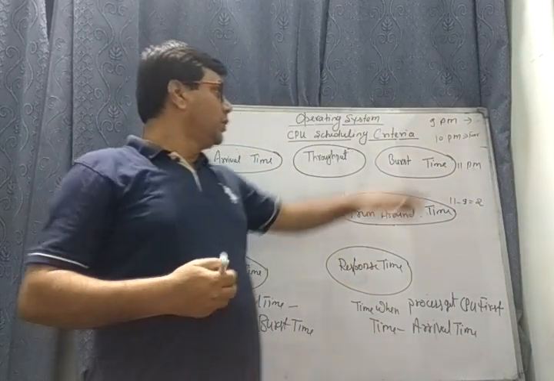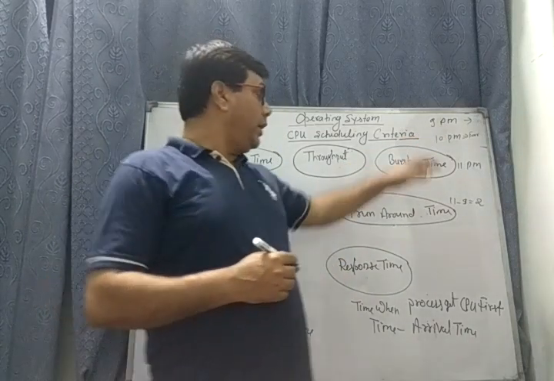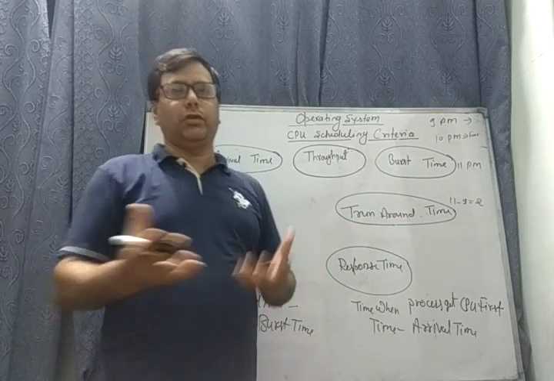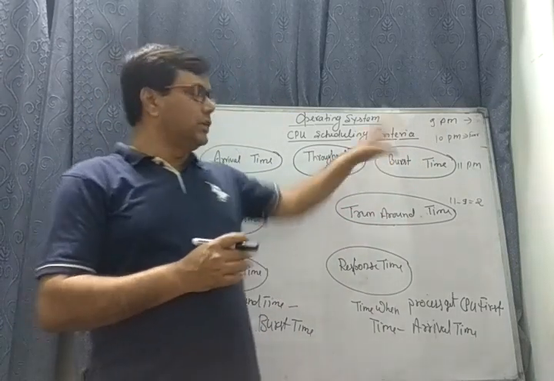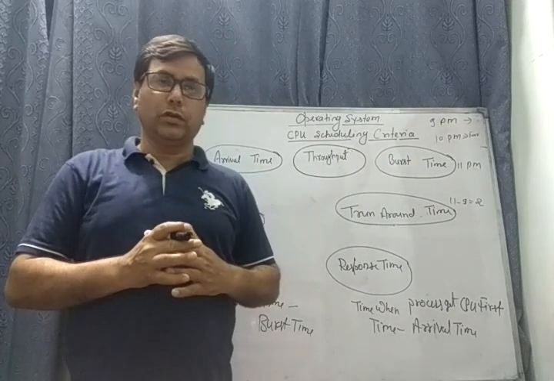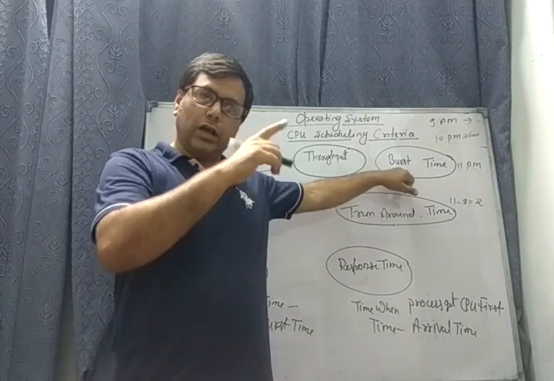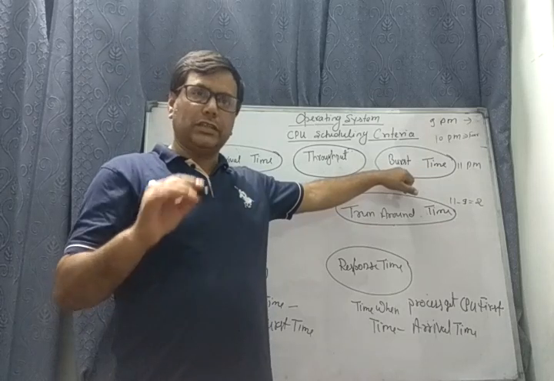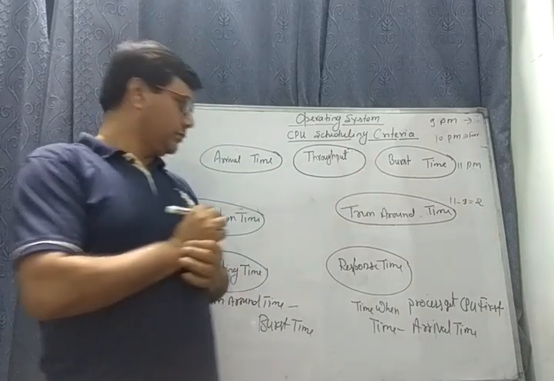At 10 p.m. you got food, and you require half an hour to complete it. Then this burst time is that half an hour. So the burst time is the actual time taken to execute a process by the CPU.